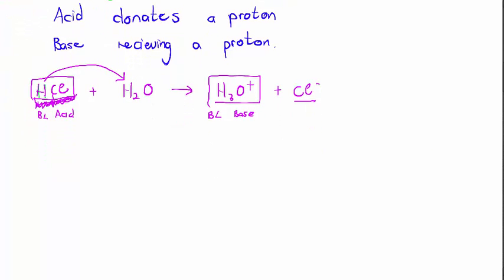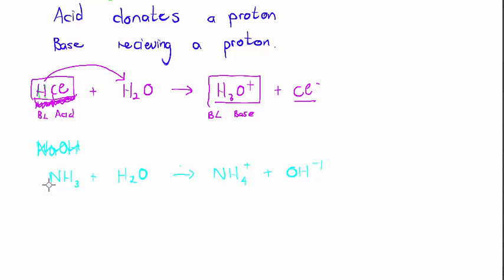If we look at something like sodium hydroxide plus water, that produces, okay, Bronsted-Lowry base. I'm not going to use this one. If we look at ammonia plus water, this is a Bronsted base because it produces NH4+ and OH- ions.